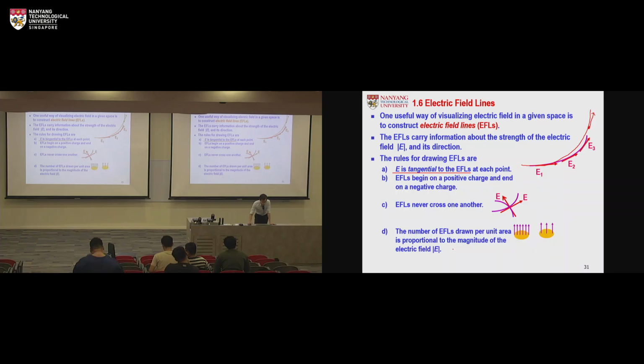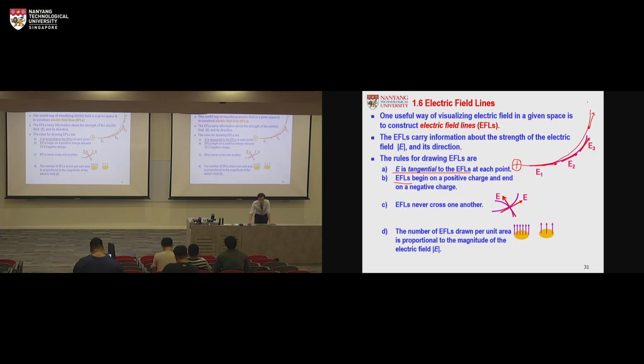And the second point is to say electrical field line always starts from a positive charge and ends on a negative charge. So based on this second point, for the same electrical field line we just drew, if this is a starting point, then here you should have a positive charge.